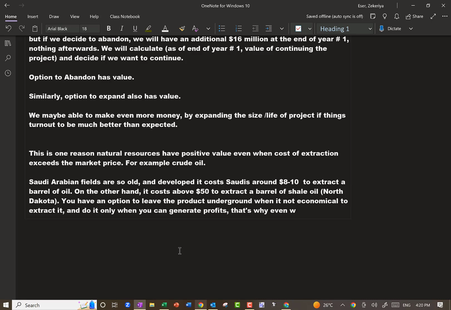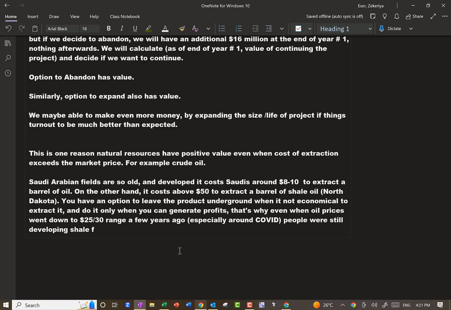That's why even when oil prices went down to the 25-30 range a few years ago, especially around COVID, people were still developing shale fields in North Dakota, among other places.